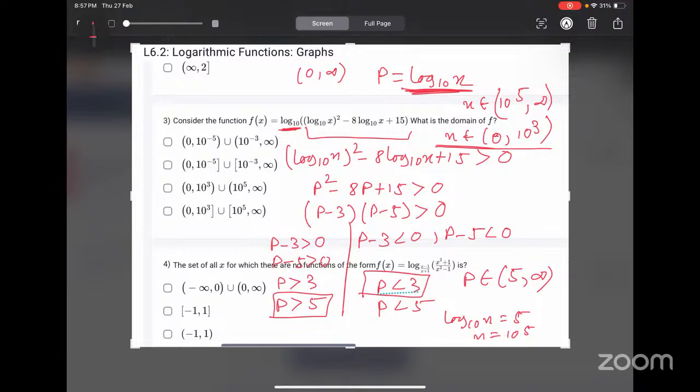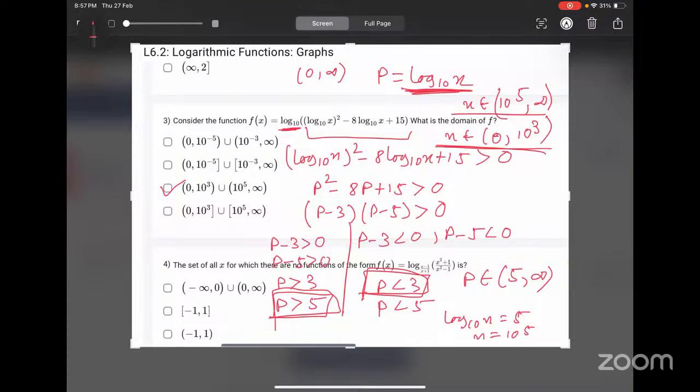And x is less than 10 power 3, that is what we got from this equation, and it is greater than 10 power 5, that we got from this equation, and it will go up to infinity. So if I take the union, this is our domain. That means this option is the correct one. Any doubt? Okay, so it's fine for all of you, right?